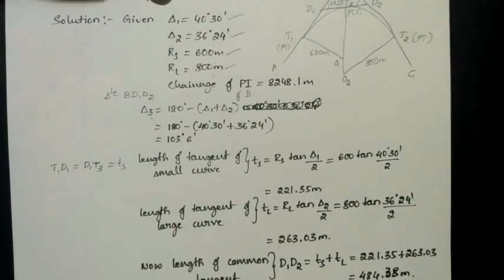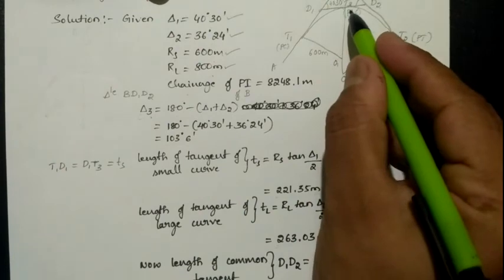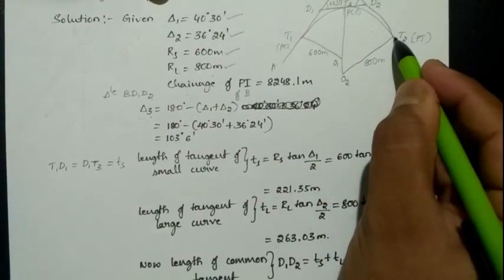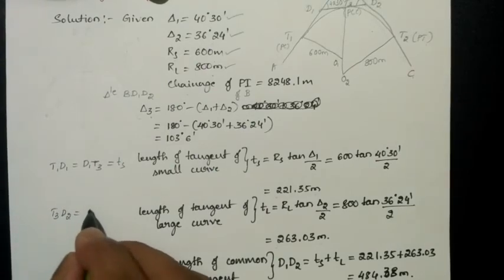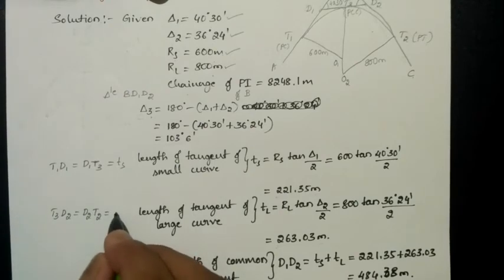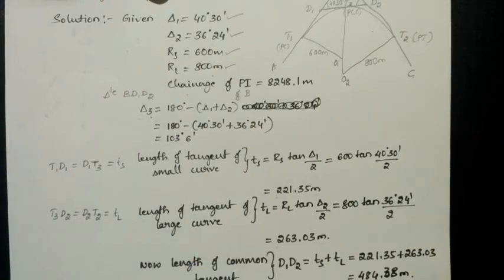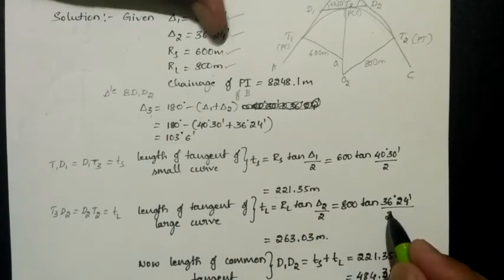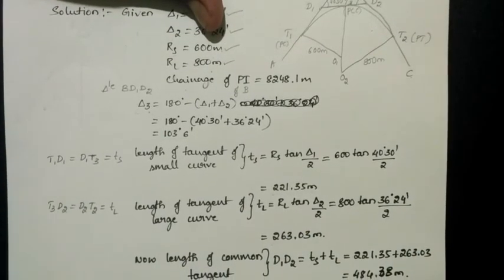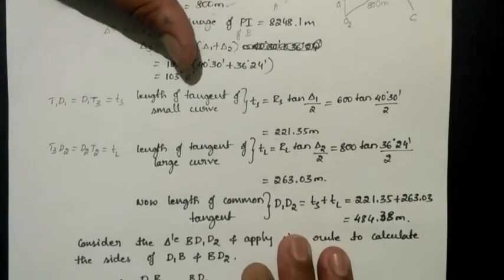Next, if I go to the tangent length of second curve, that is small tl, that is nothing but T3D2, and it will be equal to D2T2. T3D2 will be equal to D2T2, which is designated by small tl, which is calculated by this formula, and it comes around 263.03 meters.